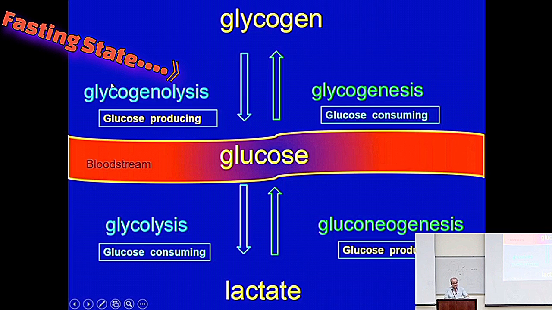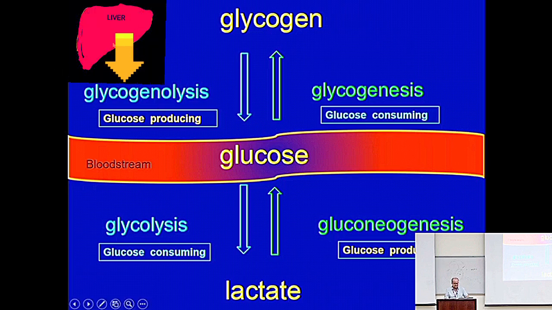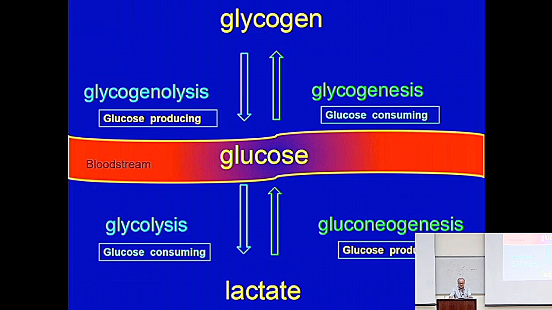If you break down glycogen, you produce glucose, you release it into the bloodstream, and it restores the blood level of glucose in the bloodstream. Glycogenolysis, or glycogen degradation, is a glucose producing pathway. A second glucose producing pathway is something called gluconeogenesis.